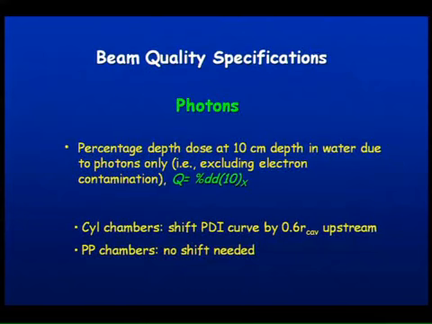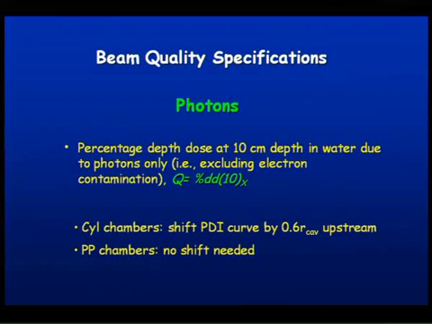For photon beams, the beam quality is specified as a percentage depth dose at 10 cm depth in water due to photons only, excluding electron contamination. So the beam quality is percentage depth dose 10, and this little x is very important.